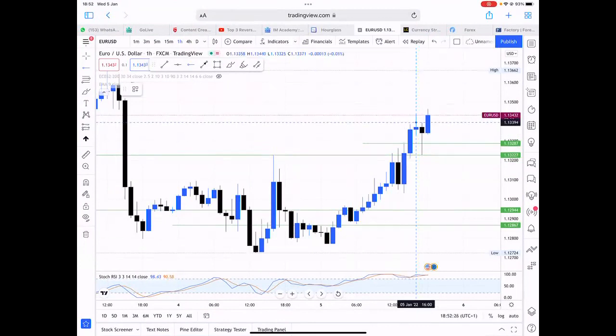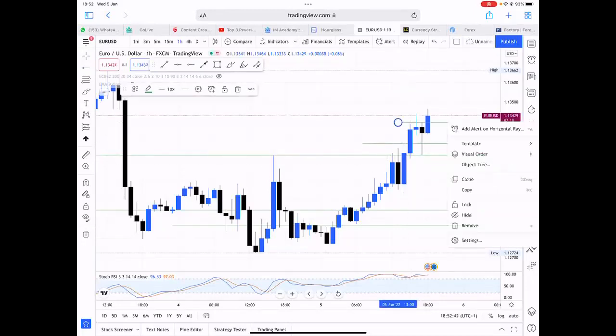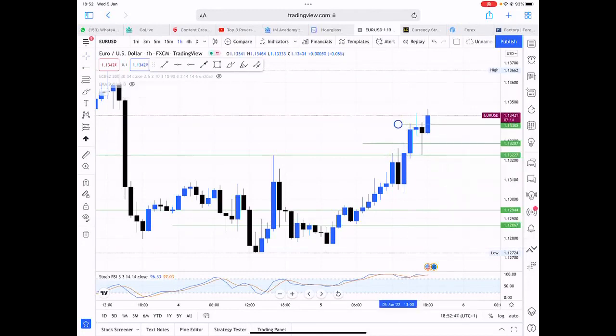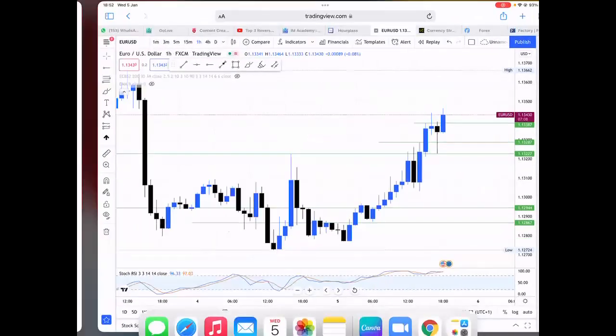But then this one has a resistance because this candle went down. But then if I pick here, it did not touch this other candle here. So what I have to do is bring it down to touch the other candle properly. So now it has the most amount of touches because of this scenario I gave you.